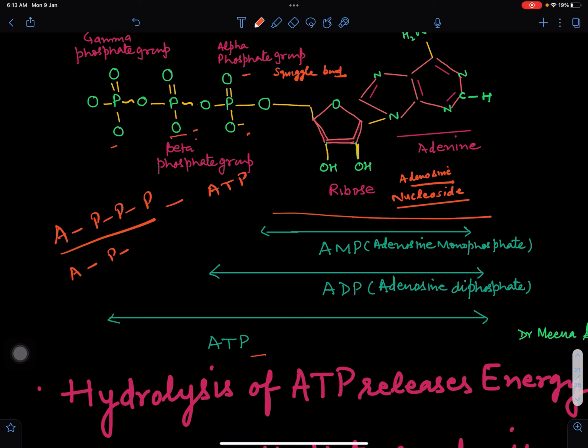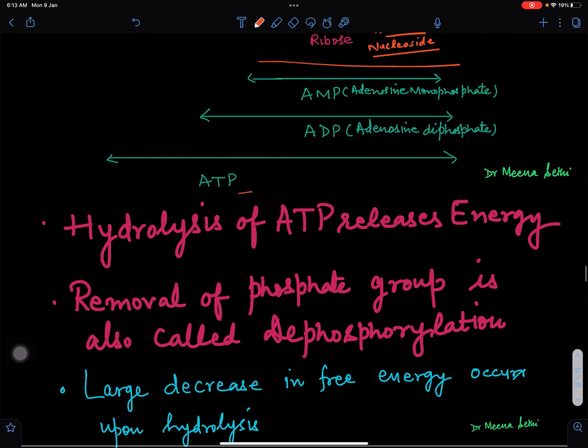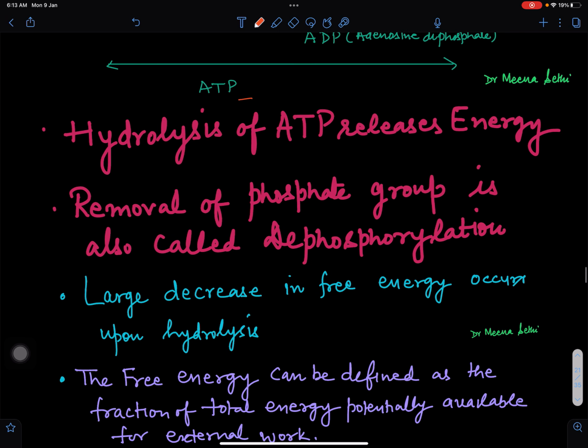So this is called hydrolysis of ATP for the release of energy, right? So we can see hydrolysis of ATP releases energy. As we discussed, phosphate groups are removed. When phosphate groups are removed, this process is called dephosphorylation. So when these phosphate bonds are being broken, there is a large decrease in the free energy when hydrolysis occurs.